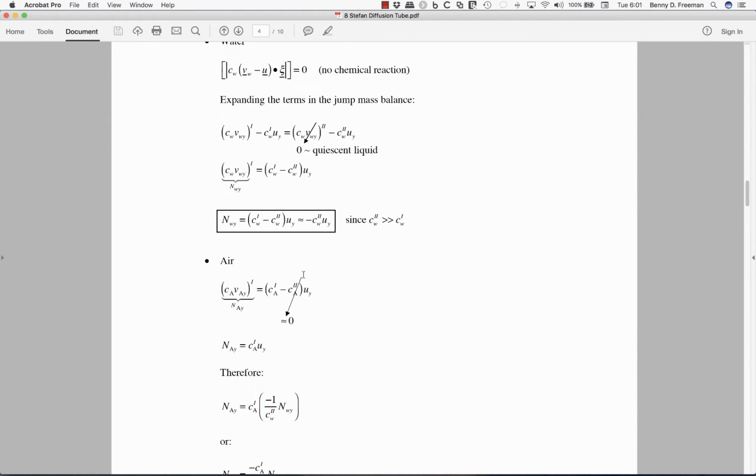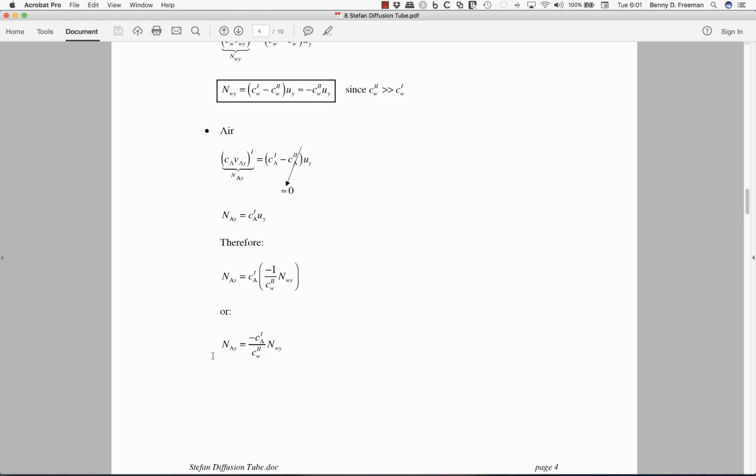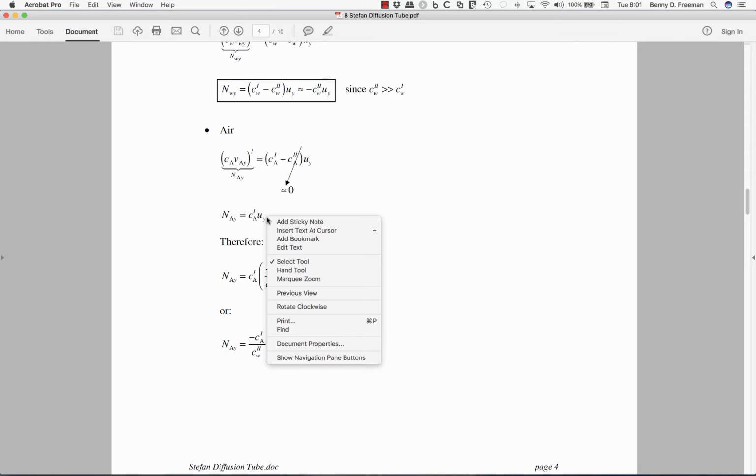And so again, you can relate the flux of air to the interface velocity, the liquid vapor interface velocity, or the rate of evaporation.